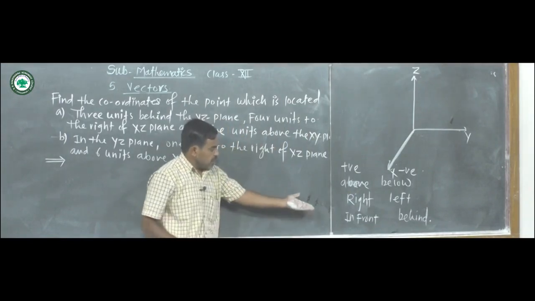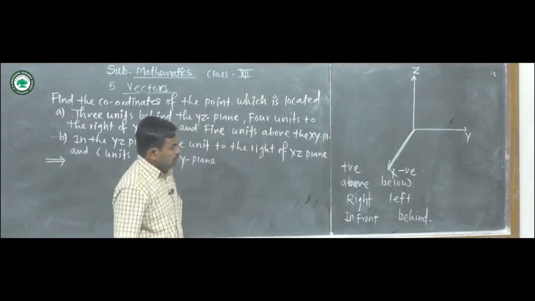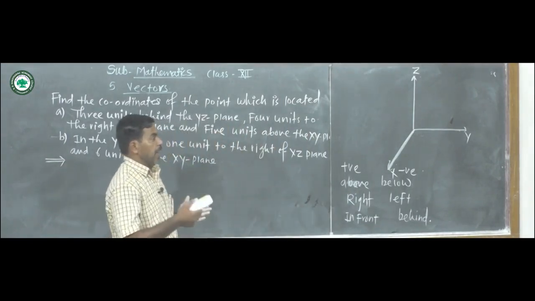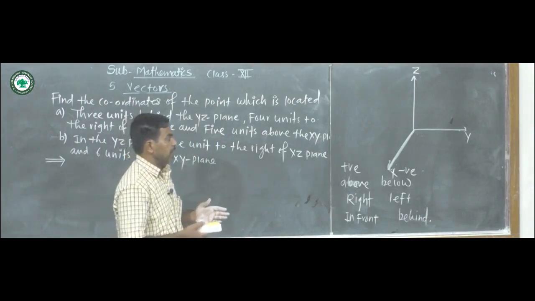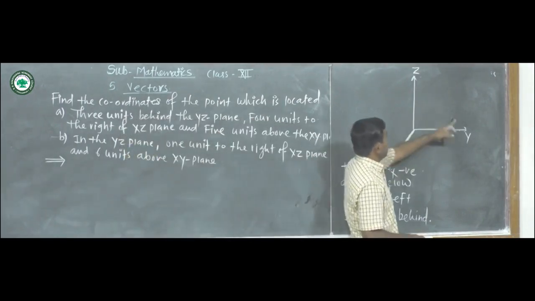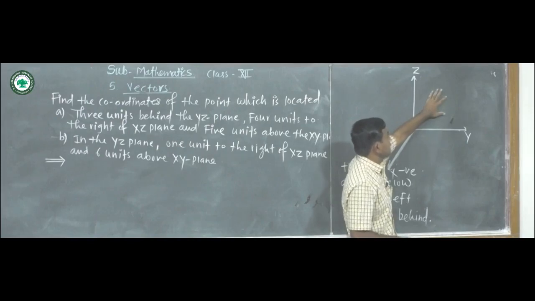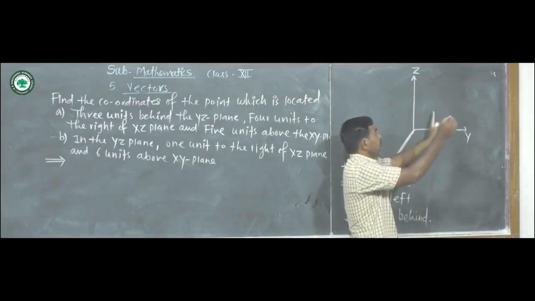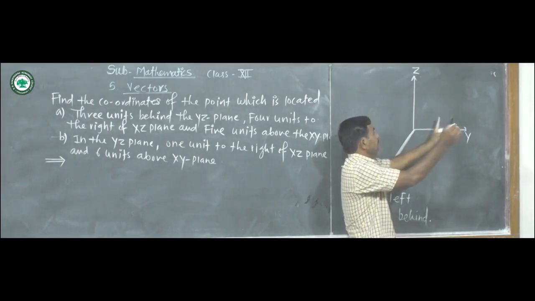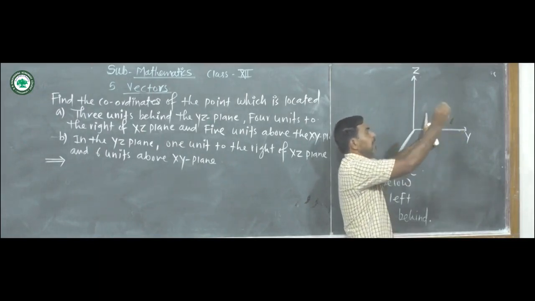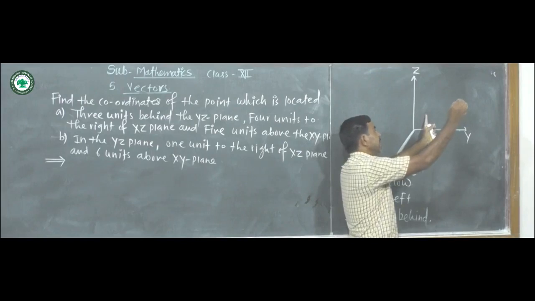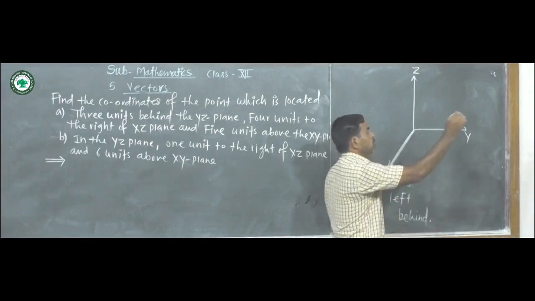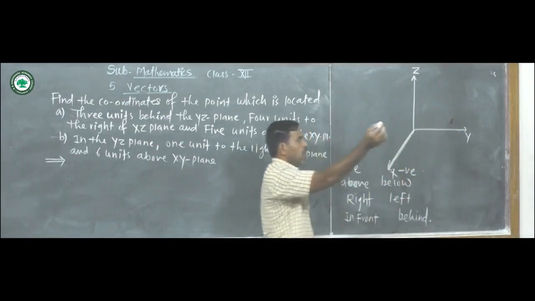And in the third case, if the point lies in front of the plane, see here, this is the YZ plane, and if your point is here, in front of the YZ plane, then its x coordinate is positive because it is in front of, not behind.